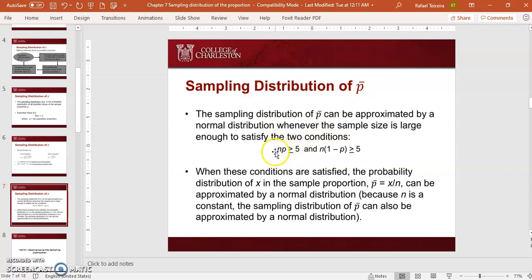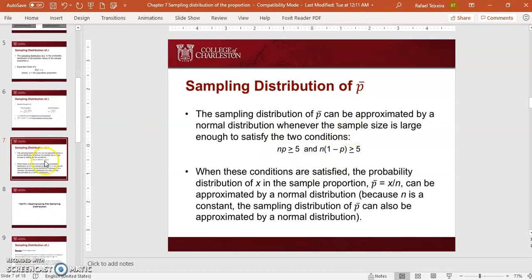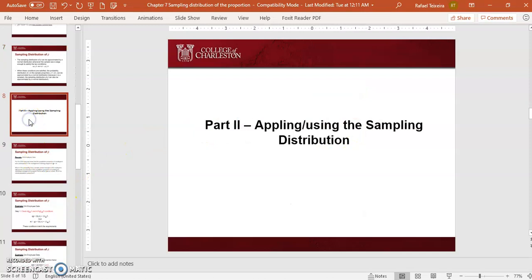We compute the sample size multiplied by the proportion, and the resulting number has to be higher than 5. We also compute the sample size multiplied by 1 minus the proportion, and that also has to be higher than 5. If these two conditions are satisfied, we can move ahead and keep working on the problem.